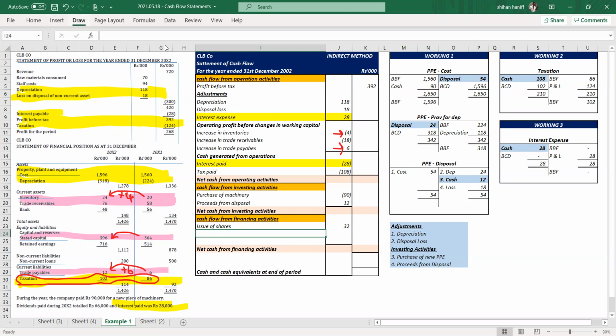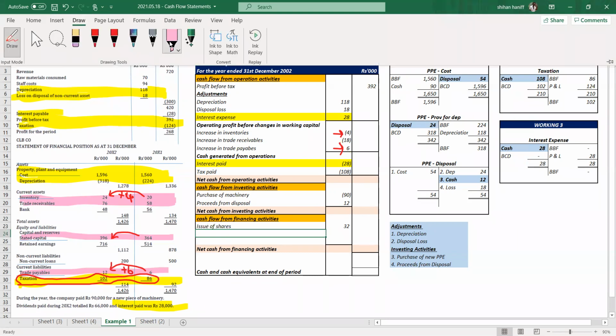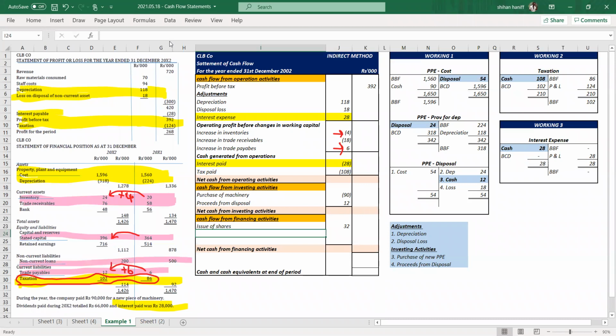Then the current liabilities, non-current liability. There is a loan 500 to 200. So that's a settlement of non-current loan, which is 300 minus.